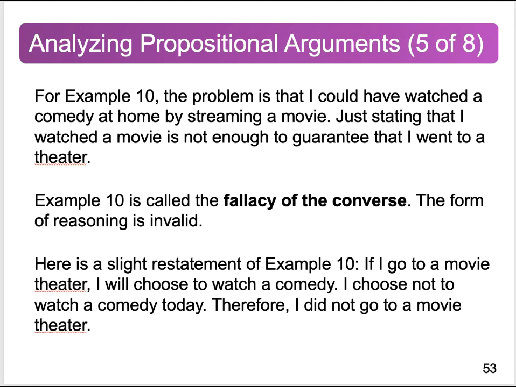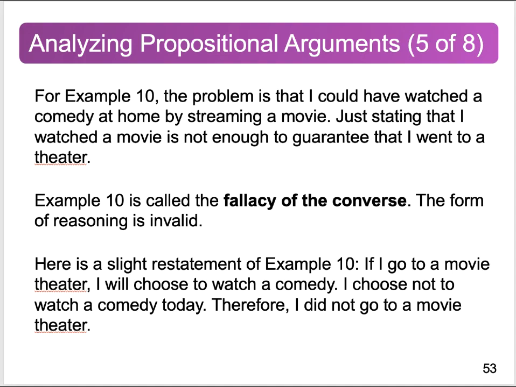This is an example of the fallacy of the converse. So you started making the converse by affirming that second part, the consequent, but it ended up being an invalid argument. So if you ever notice this one, P implies Q, but you assert Q, you can automatically say it's invalid by the fallacy of the converse.